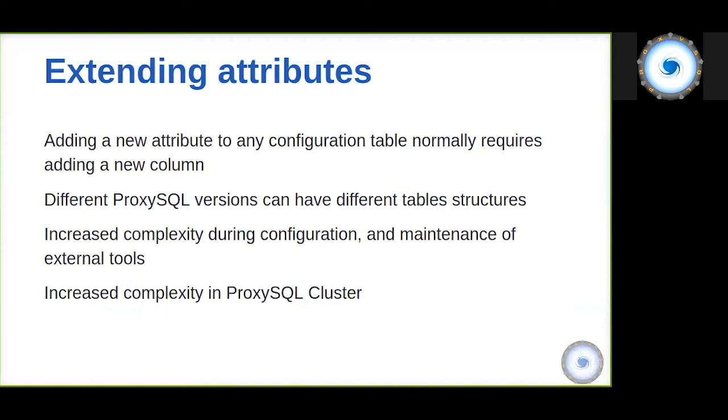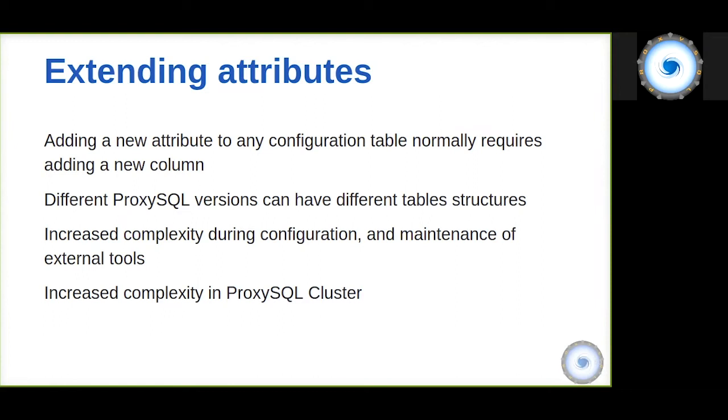This creates an interesting problem because it doesn't allow us to create new columns within a minor release upgrade, because otherwise the table structure will change. Then you have external tools that will stop working, and there is increased complexity in the ProxySQL cluster itself, because now extra columns need to be supported. So the configuration management in ProxySQL cluster itself becomes more complicated.